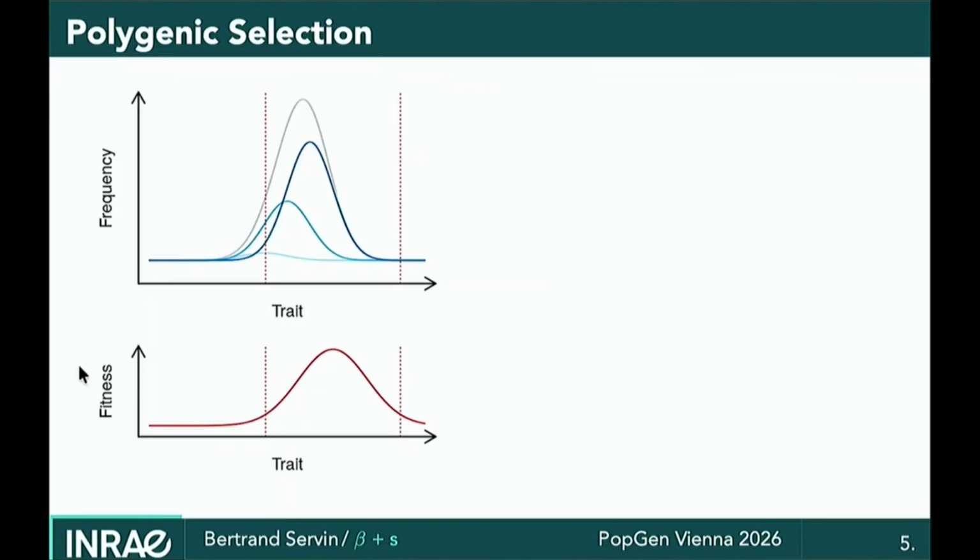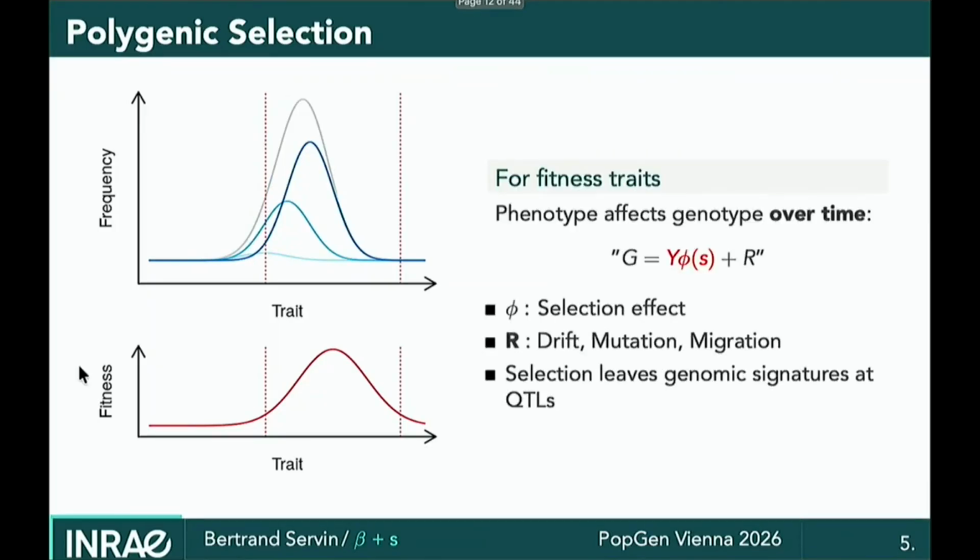So what that means is that when you're looking at fitness traits, the phenotype will affect the genotype over time. And so then your question is a bit reversed because your response is the genotype. And what is a covariate that affects your genotype is the phenotype and some selection coefficient, some effect of selection.